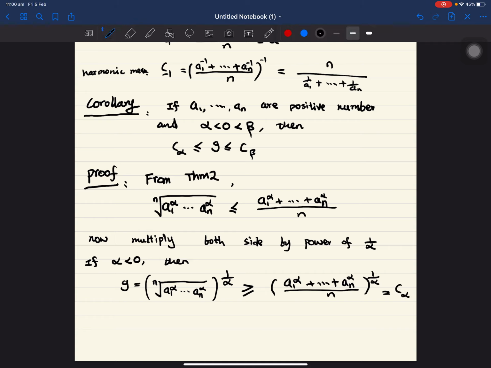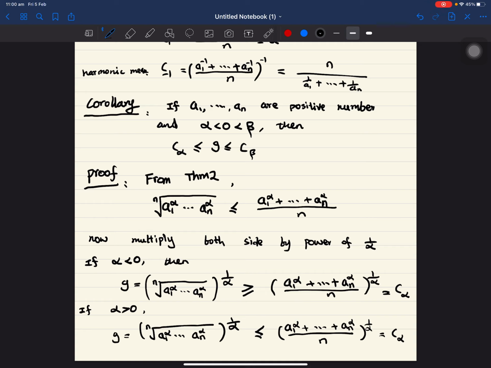And if alpha is greater than 0, we have that the n-th root of a1 to the alpha all the way to an to the alpha is less than a1 to the alpha plus all the way to an to the alpha over n, to the power of 1 over alpha. That is our C alpha, and that is our G. Since alpha is greater than 0, we keep the inequality, so we have what we want.